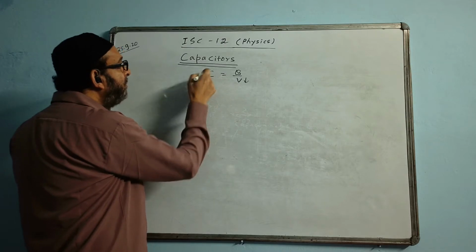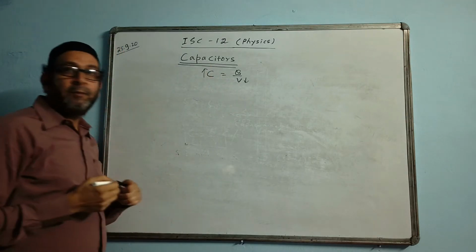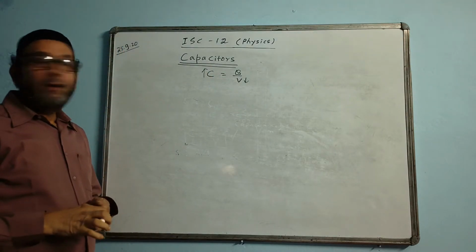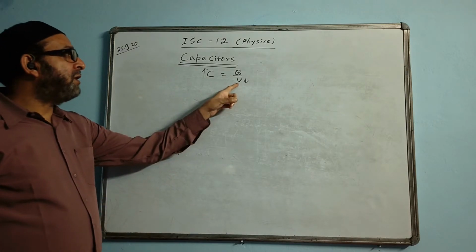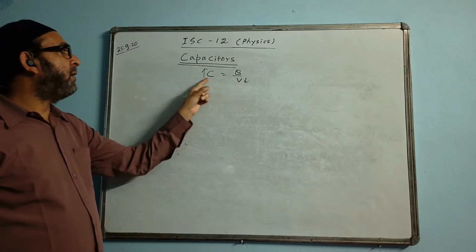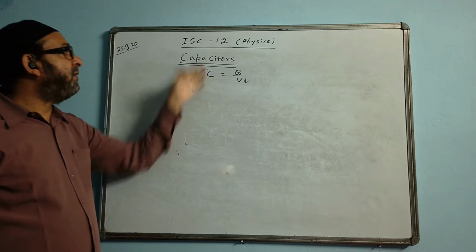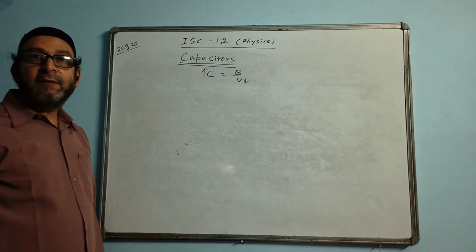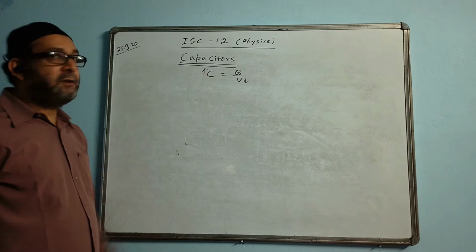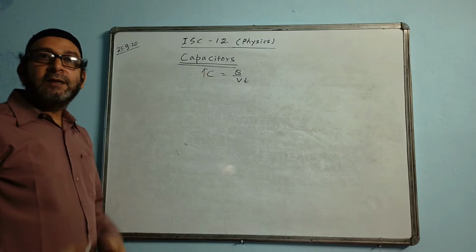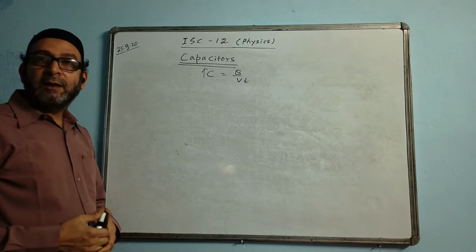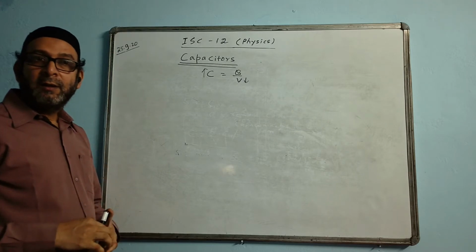When the potential is minimum, then capacitance will be maximum. We go for as low a potential as possible, then the value of C will increase, and we will have a large value of capacitance. That means it can store a large amount of charge at a given, smaller potential.